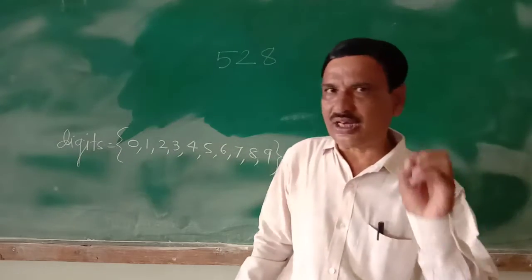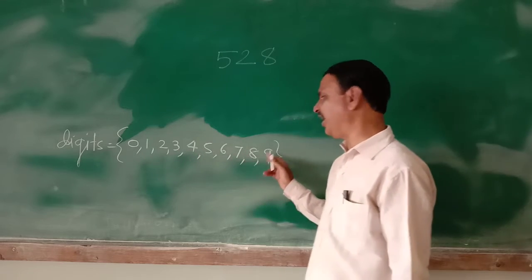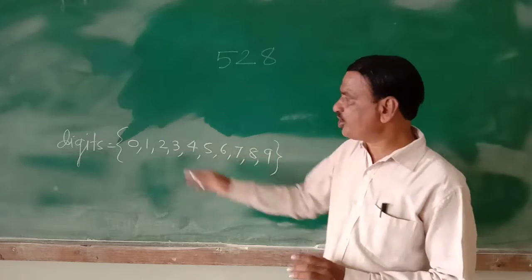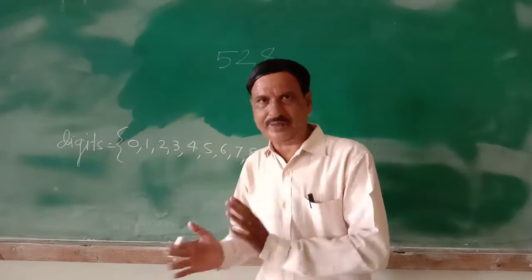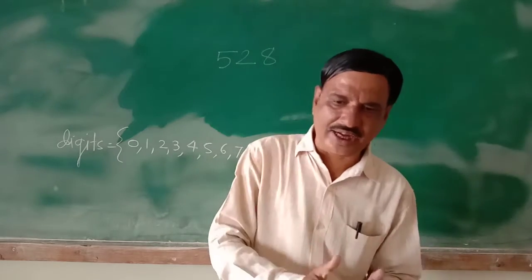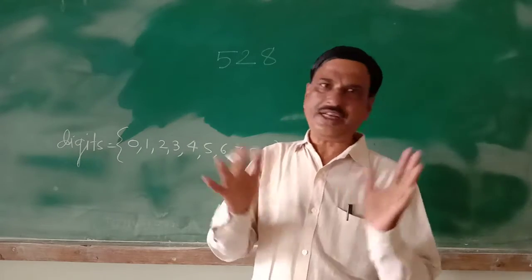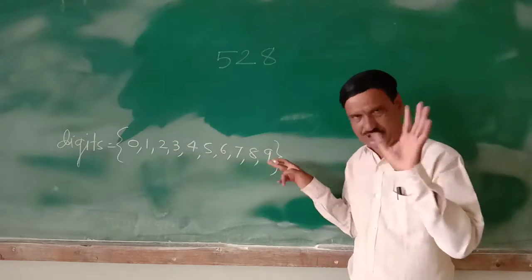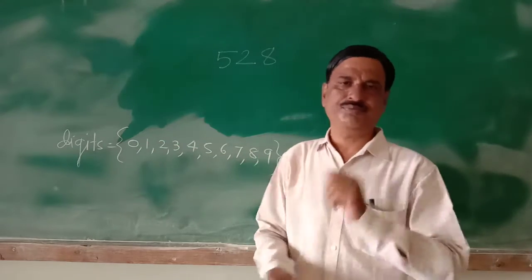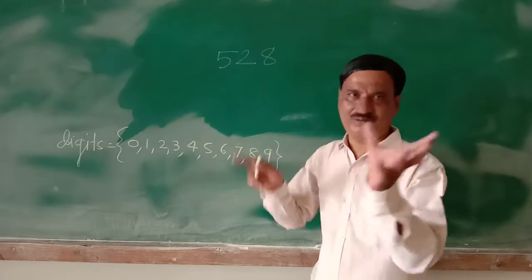How many digits are there? There are 10 digits. That is 0, 1, 2, 3, 4, 5, 6, 7, 8, 9. This is called the decimal digit set or set of decimal digits, where there are 10 digits. And using these 10 digits, we form, we write, we create a number.